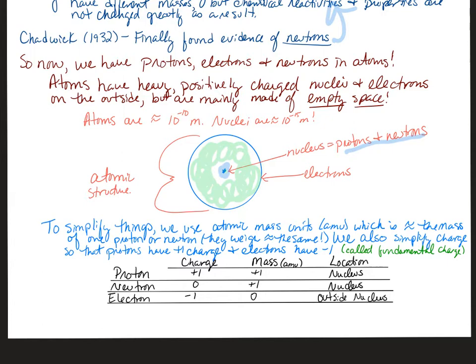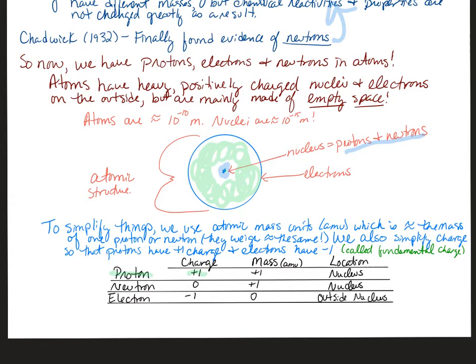But let's simplify things. Let's talk about what charges we have and the relative mass of all of our subatomic particles now, okay? So a proton, we're going to say, has approximately a +1 charge. And we made this new unit called atomic mass unit just to put everybody on the same playing field.